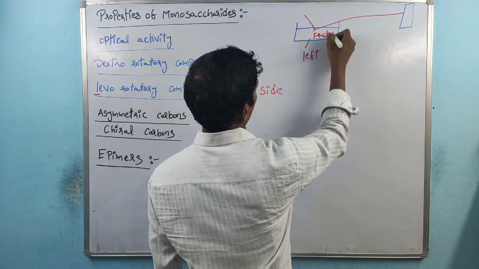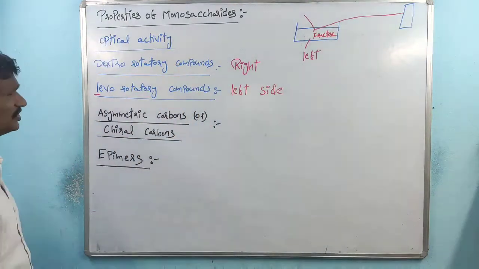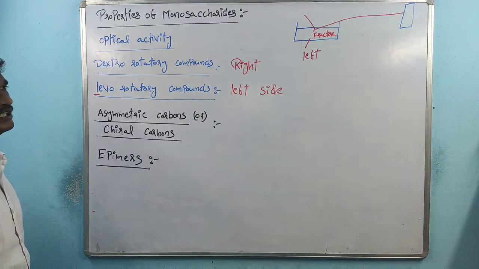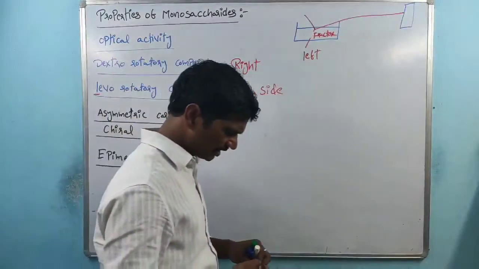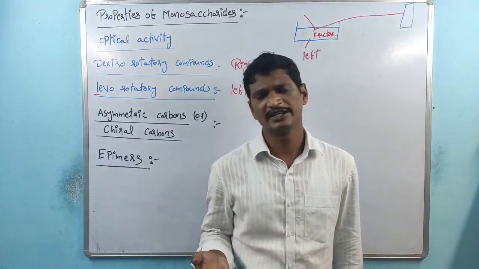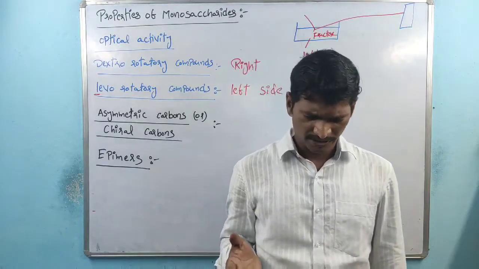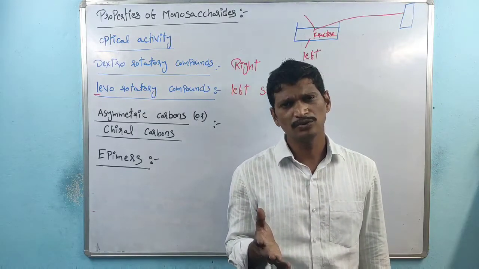We change the solution, right? So if the light is shifted to the left side, this time these compounds are called levorotatory compounds.